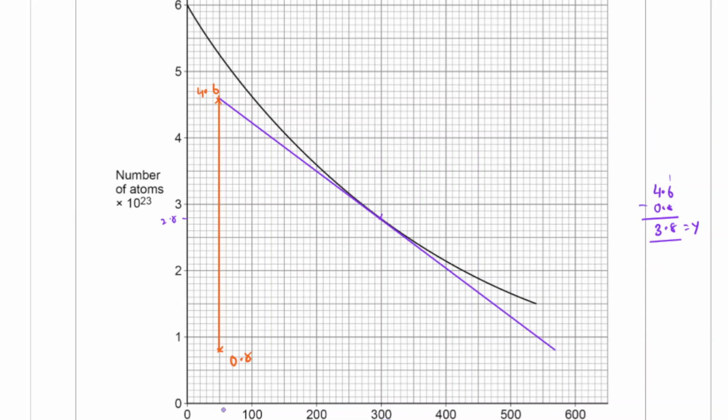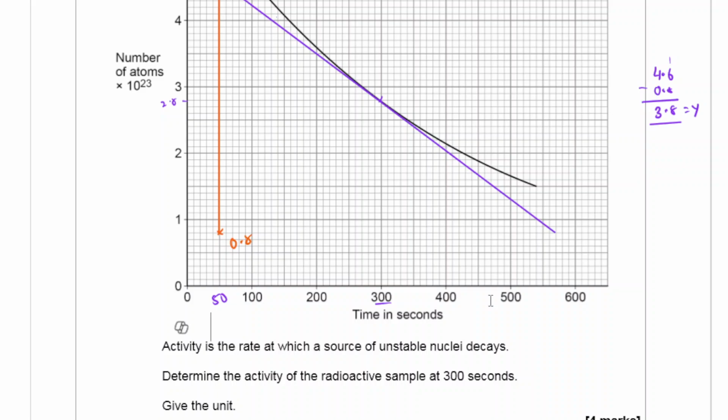X is, that's 50, and this is 570. So 570 minus 50 is equal to 520.